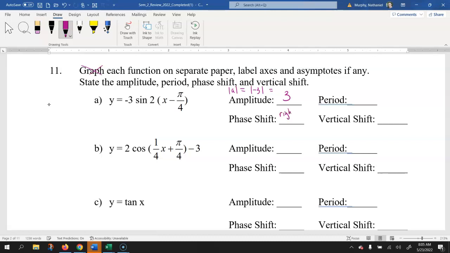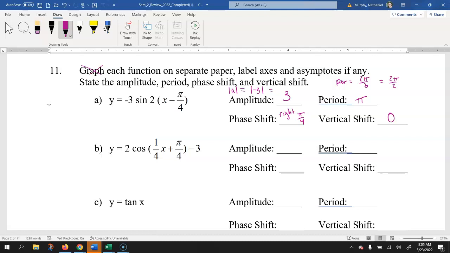We're going to say that it goes to the right, pi over 4 radians. The period, remember, is 2 pi over b. Since we see that b is 2, it's 2 pi over 2, which simplifies to just pi. So the period is pi. The vertical shift, there is no vertical shift. There's nothing that we're adding or subtracting there, so there is none.